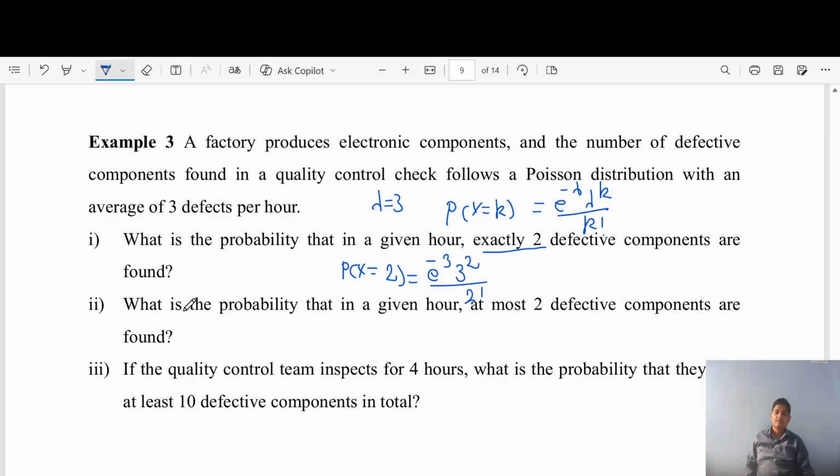So you just evaluate. What is the probability that in a given hour at most 2? At most 2 means P(X ≤ 2). So P(X=0) plus P(X=1) plus P(X=2).